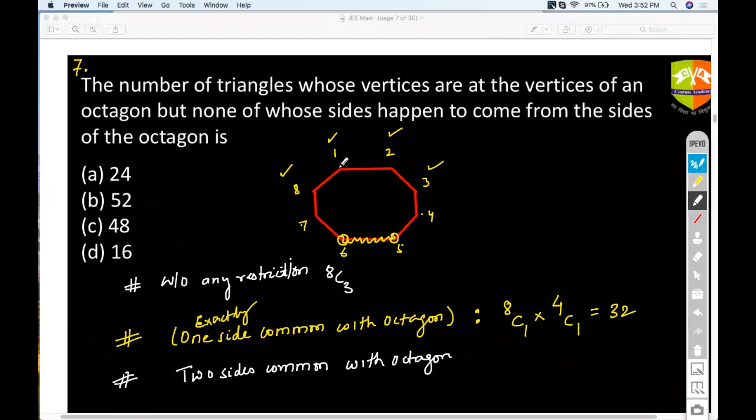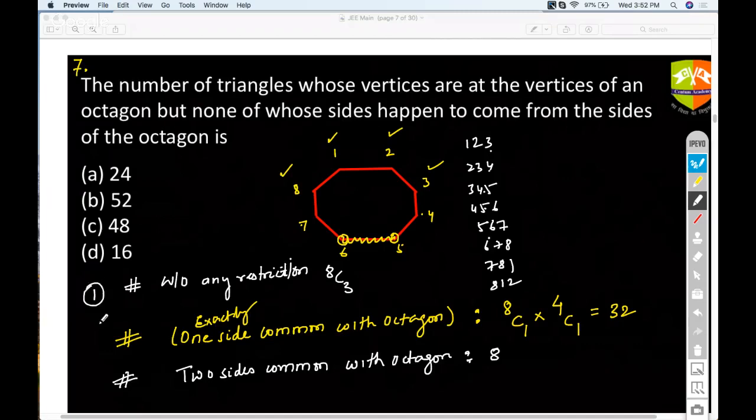So you can choose 1, 2, 3; 2, 3, 4; 3, 4, 5; 4, 5, 6; 5, 6, 7; 6, 7, 8; 7, 8, 1. Let's count it: 1, 2, 3, 4, 5, 6, 7. And I can also have 8, 1, 2. That's 8. So altogether 8 such triangles are possible.